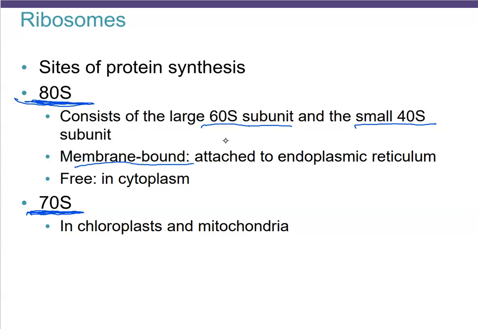We also have some free ones. Like in prokaryotic cells, they're all free, and so they would be in the cytoplasm. Now, in the prokaryotes, we have the 70S ribosomes. They are composed of the 50S large subunit and the 30S small subunit, and together they make a 70S particle.